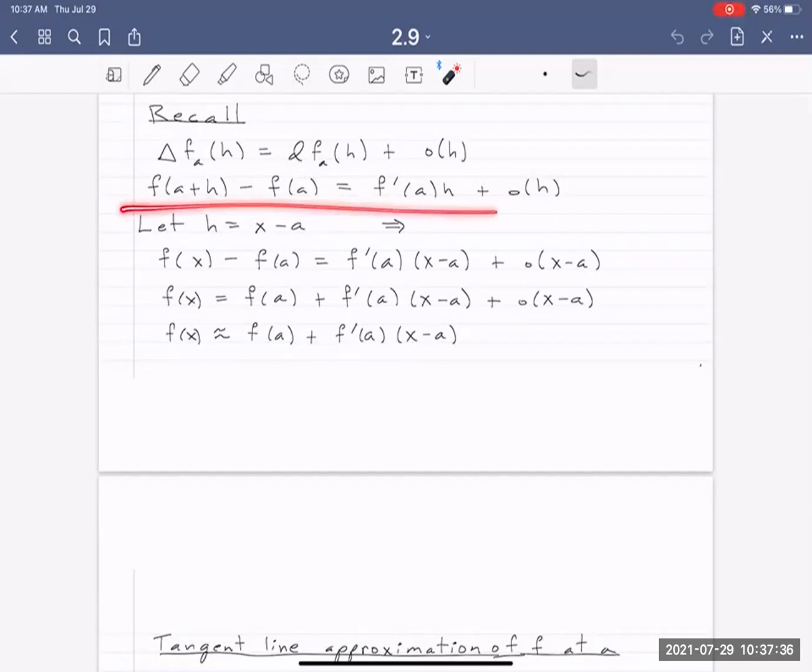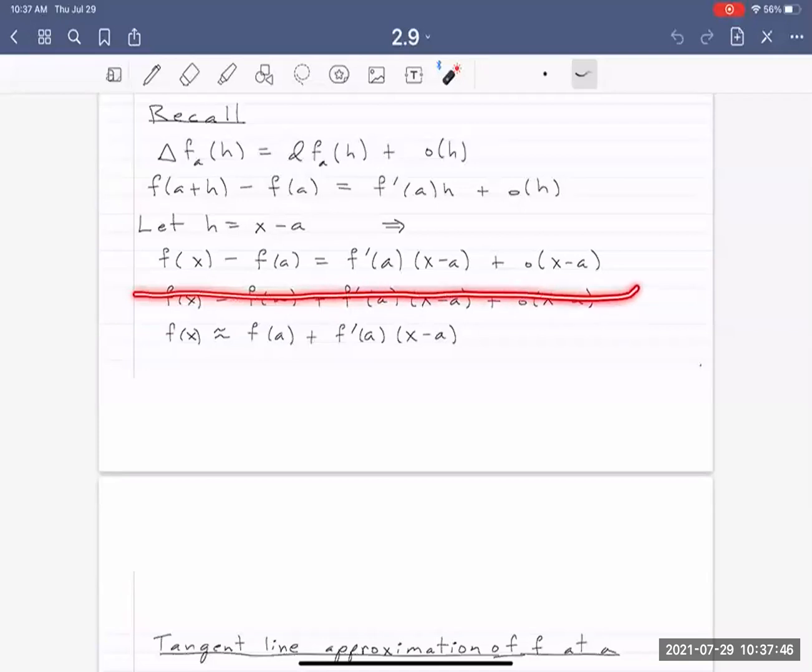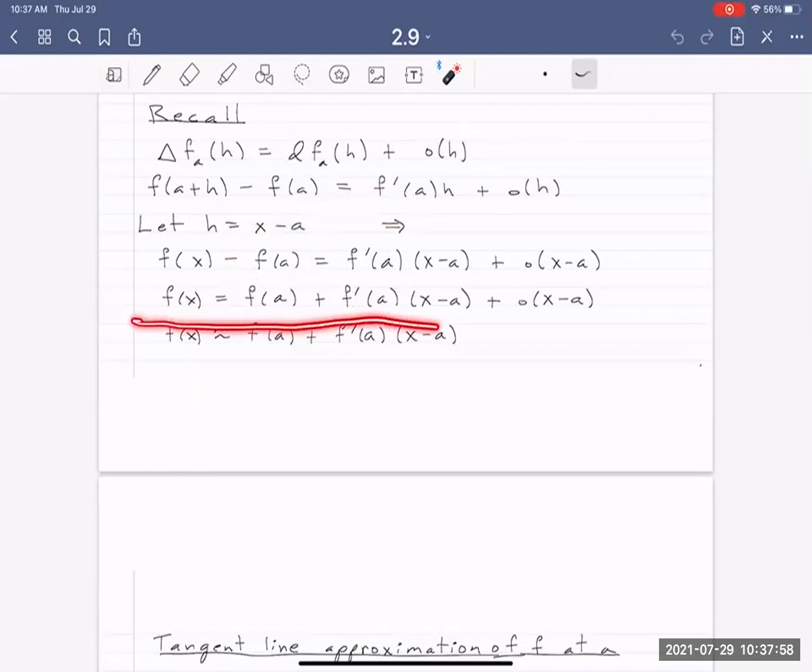And so this can be written as f of x minus f of a equals f prime at a times x minus a plus little o of x minus a. Let's bring this to the other side of my equation. So f of x is equal to f of a plus f prime at a times x minus a plus this little o of x minus a.